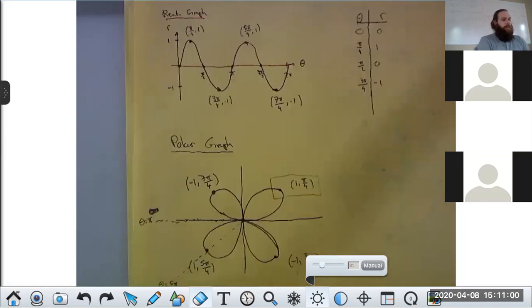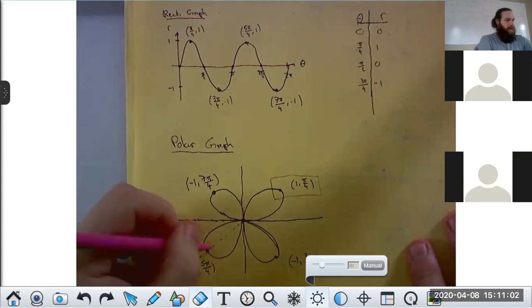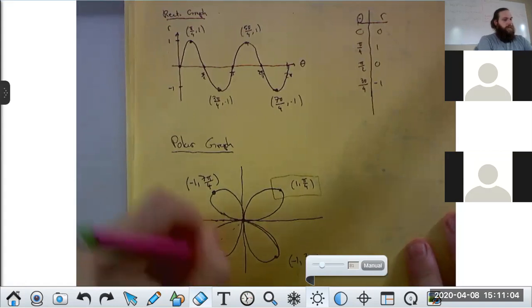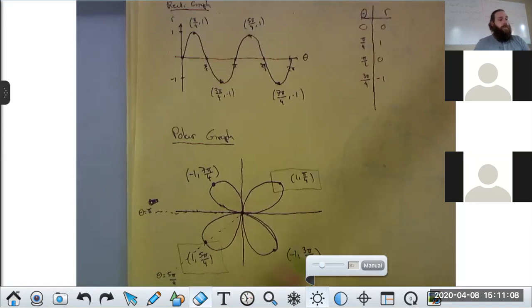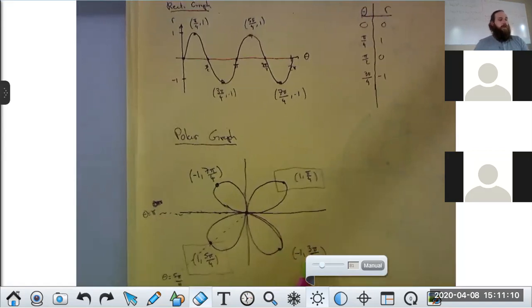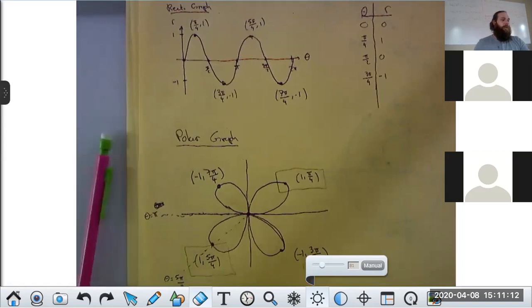So think about these guys first. Try to get comfy with these guys first. And then once you're comfy with those guys, try to think about these guys. If you haven't started on the polar coordinate homework, then this is going to feel very, very hard right now. And that's okay.